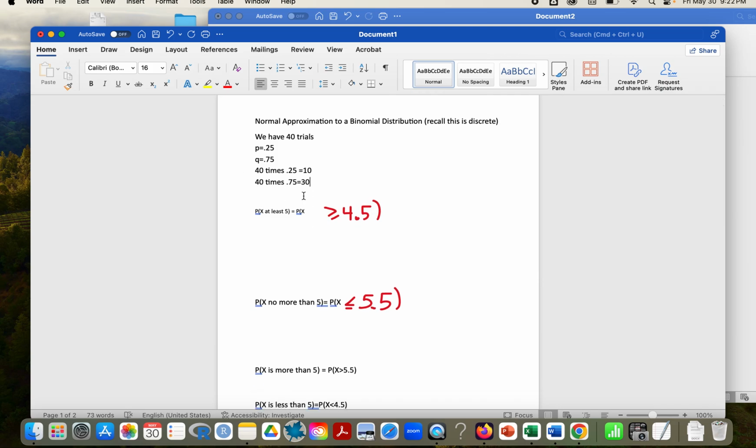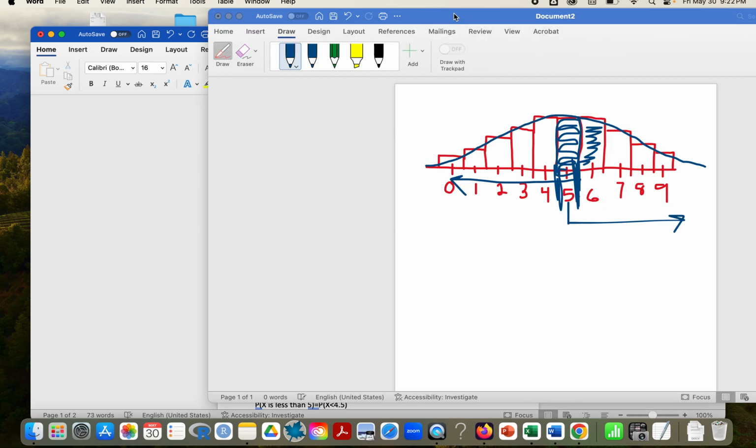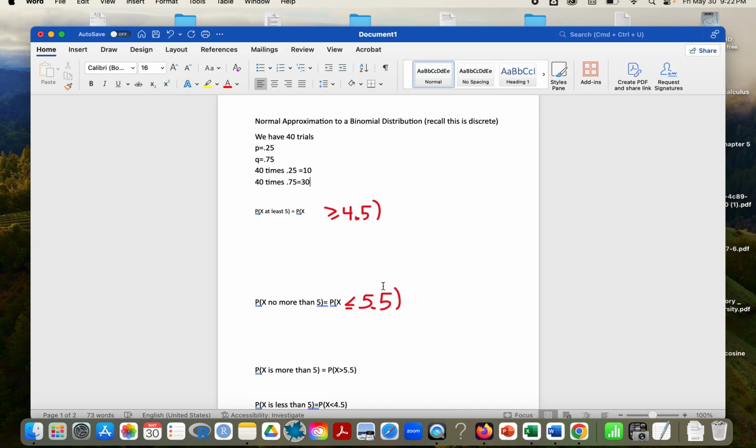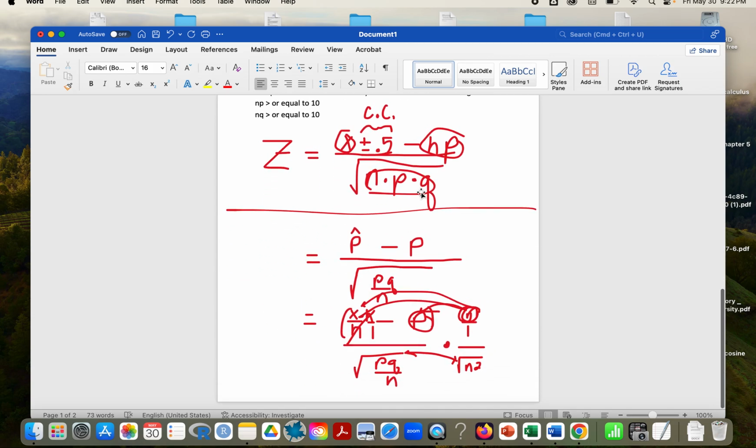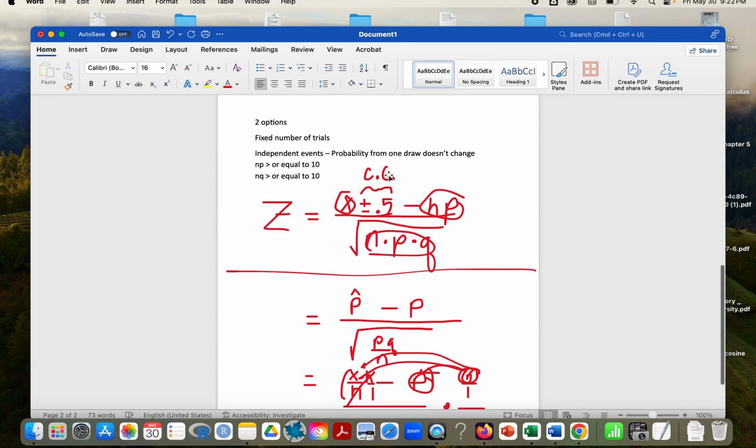And so what we do is, to get at least 5, we use this 4.5 in our z-score formula here.